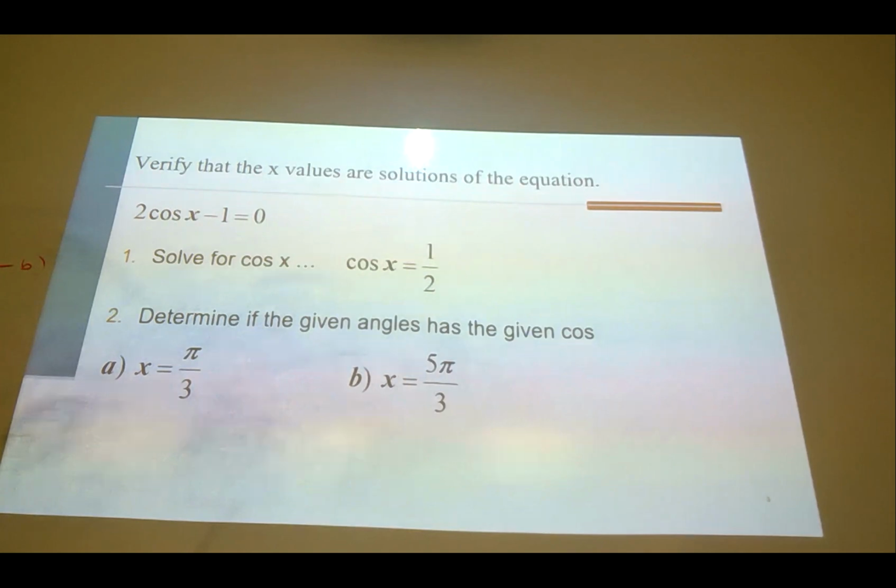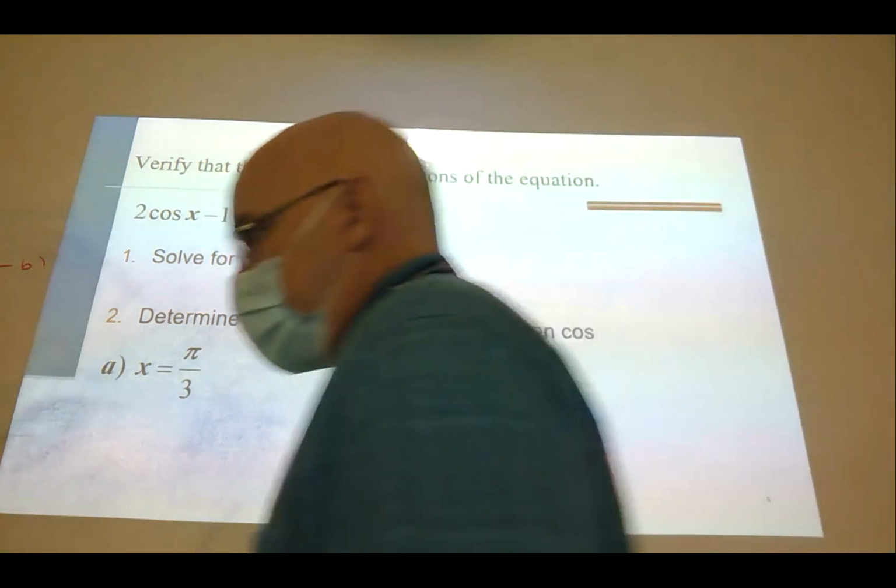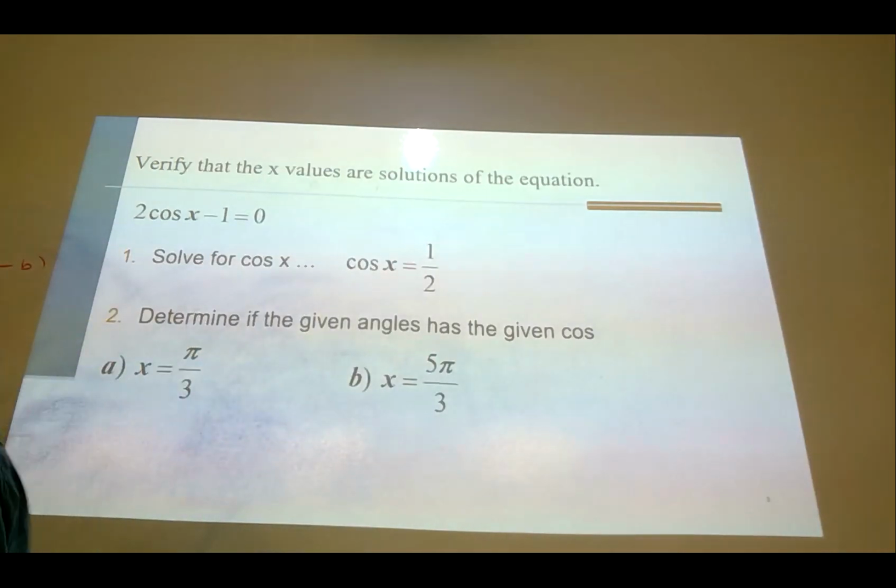Just like we would do with algebra, add 1 to the other side, divide by 2, and now you've got cosine of x is equal to 1/2. Well, now we have to determine, where is cosine equal to 1/2? And that's where we can use our unit circles if we need to help us.